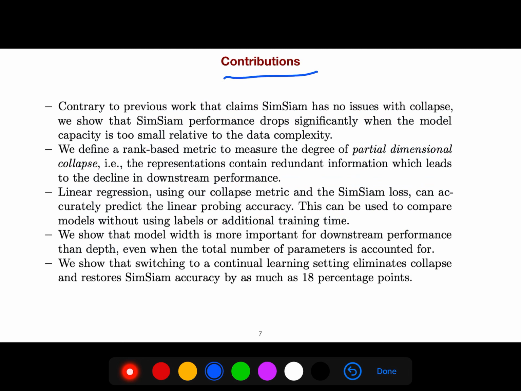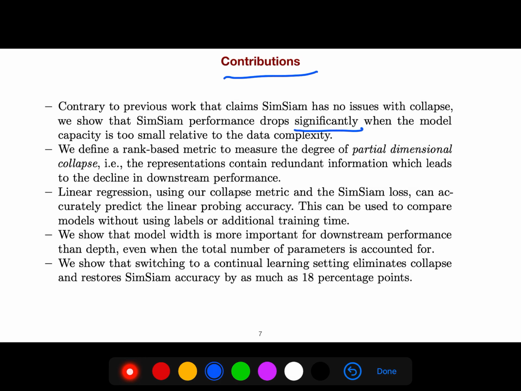Contrary to previous work that claims SimSiam has no issues with collapse, they showed that SimSiam performance drops significantly when the model capacity is too small relative to the data complexity. They define a rank-based metric to measure the degree of partial dimensional collapse.